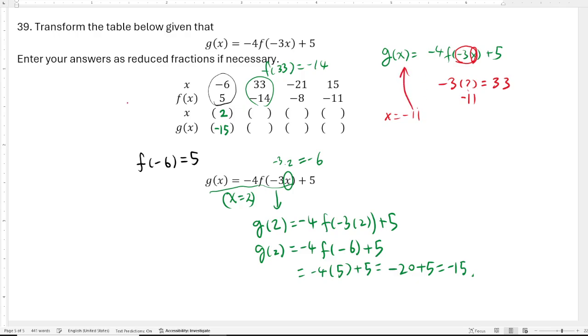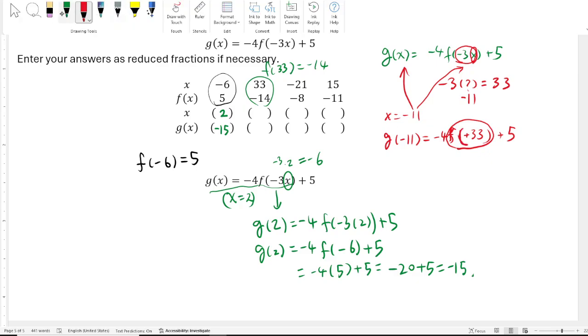Plug into each one of these x's, and that gives you g of negative 11 equals negative 4 times f of positive 33, plus 5.